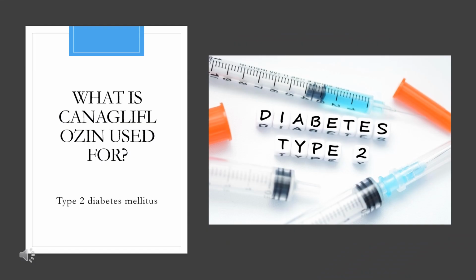What is canagliflozin used for? This drug is used in conjunction with diet and exercise to increase glycemic control in adults diagnosed with type 2 diabetes mellitus. Another indication for canagliflozin is the prevention of major cardiovascular events, myocardial infarction, stroke, or death due to a cardiovascular cause, in patients with type 2 diabetes, as well as hospitalization for heart failure in patients with type 2 diabetes.